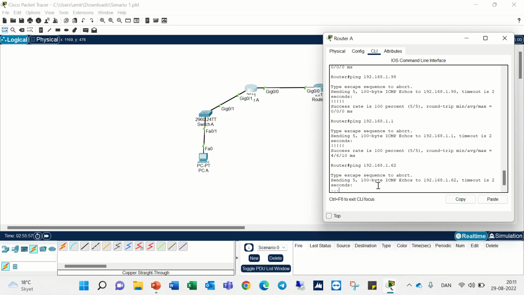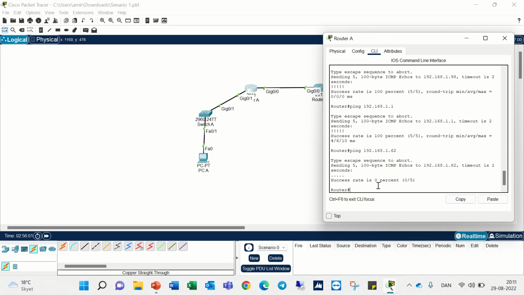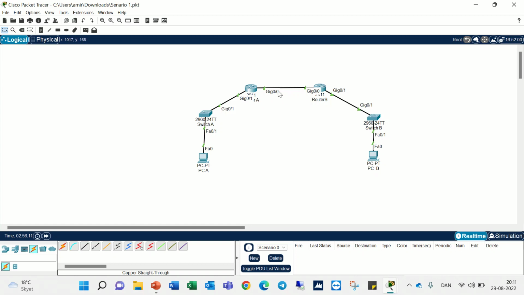It's enough for today because I have also something, and in other videos I will try to describe something for you. But now these two devices can ping each other.